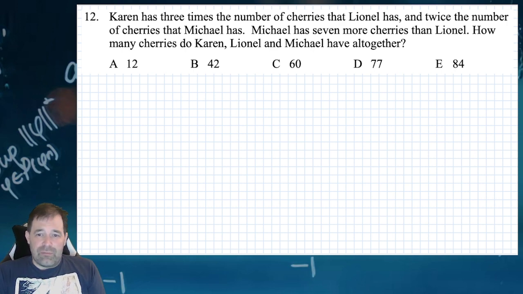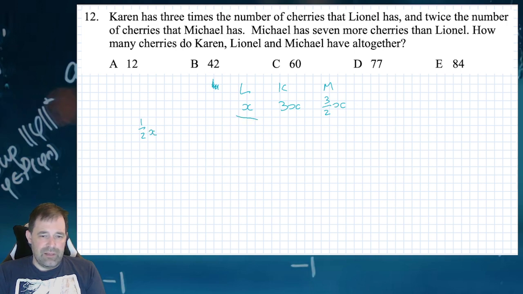So Karen has 3 times the number of cherries that Lionel has. So let's say Lionel has X, Karen has 3X. And twice the number of cherries that Michael has, so Michael has 3/2 X. Michael has 7 more cherries than Lionel, so half X equals 7.